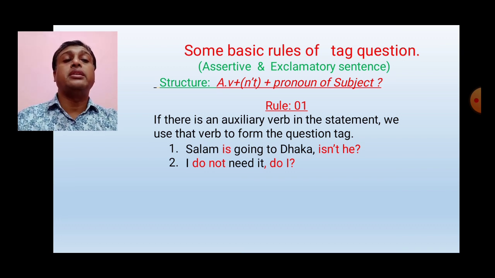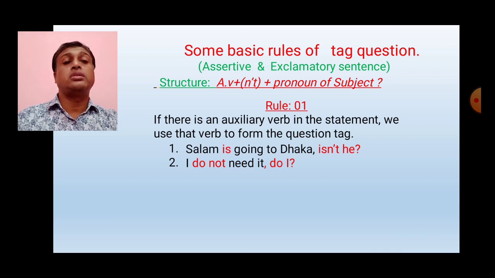As this sentence is an assertive sentence, we will write the answer according to the structure. So, according to the structure, at first we will write the auxiliary verb. In this sentence, the auxiliary verb is do.